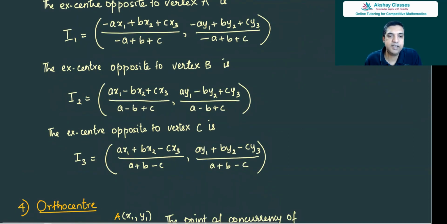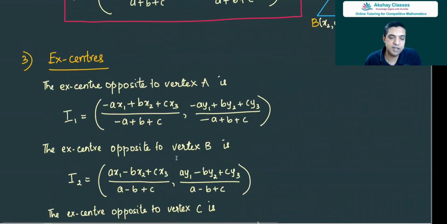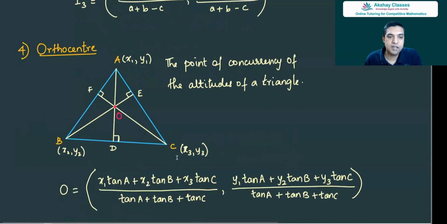And we get the excenter opposite to vertex B. And similarly, to get excenter opposite to vertex C, replace c by minus c in the formula of the incenter.